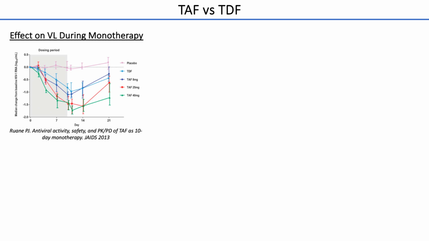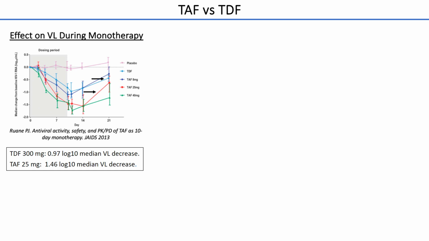Monotherapy with 25 milligrams of TAF achieved a 1.46 log10 reduction in plasma HIV-1 RNA at day 10 compared to a 0.97 log reduction in virus for persons receiving 300 milligrams of TDF.